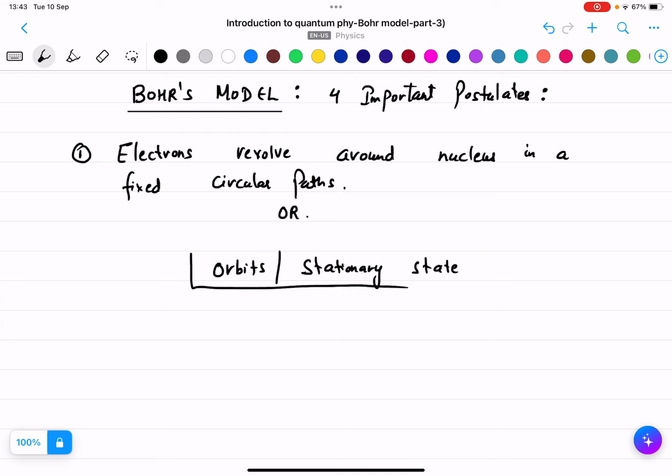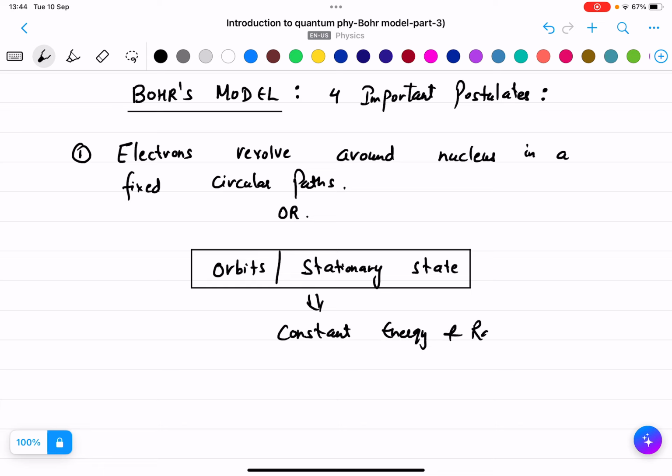If they are in a stationary state, they will have constant energy and radius. So this is my first statement of Bohr's model: electrons revolve around the nucleus in a fixed circular path.